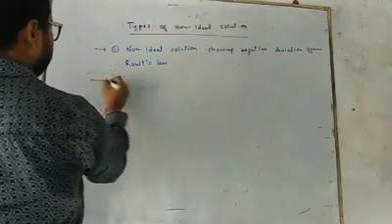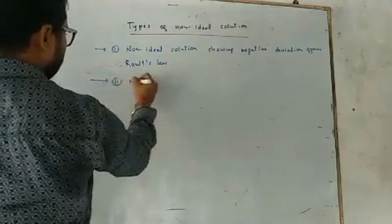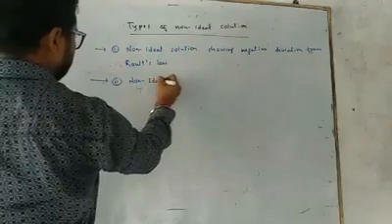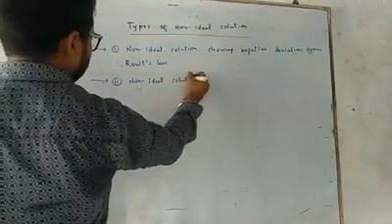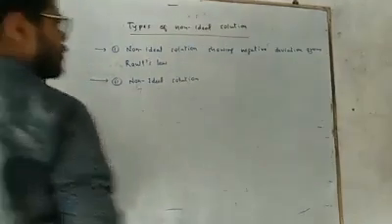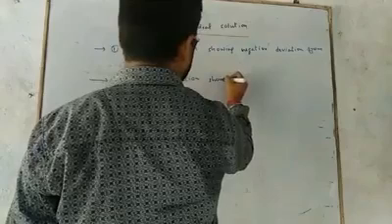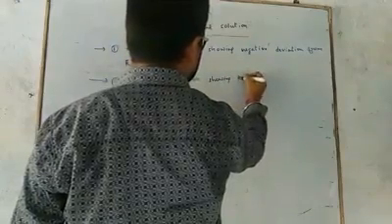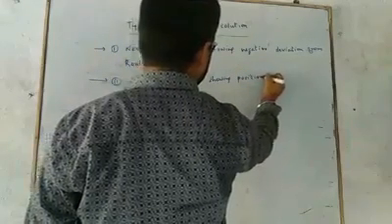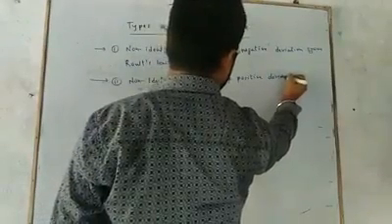And second is non-ideal solution showing positive deviation from Raoult's law.